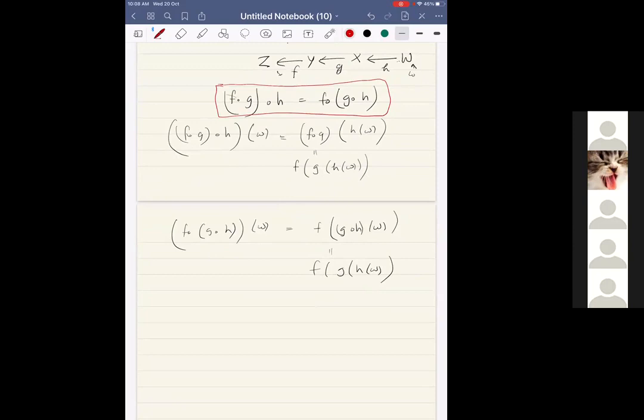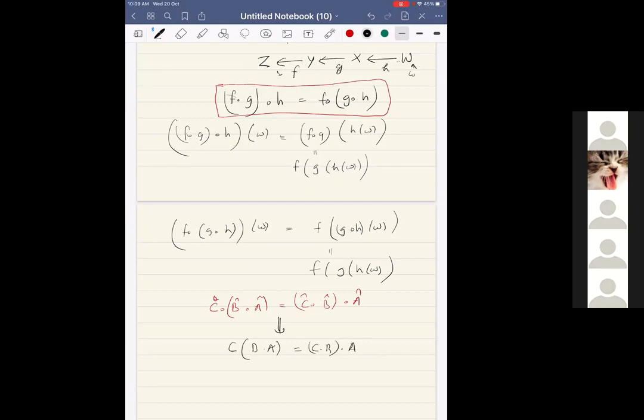So if I have three maps, B, C, and A, then C composed with B composed with A is C composed with B composed with A. And in matrix language, this implies that the matrix product C, B, A is C, B, A. So in other words, matrix products are associative.